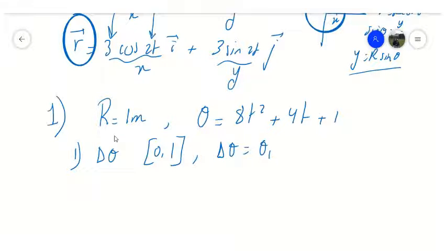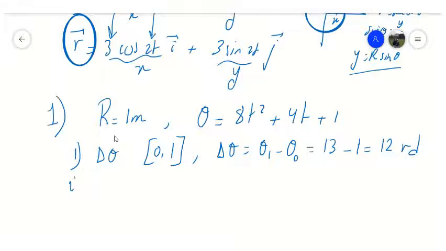It's always theta final minus theta initial, so theta 1 minus theta 0. We substitute 1 for t in theta. We obtain 8 plus 4 plus 1, 13, minus, we substitute 0 for the time, we obtain 1. So the displacement would be 12 radians.